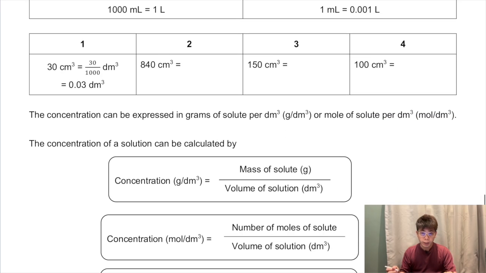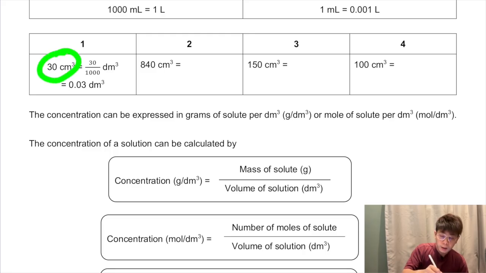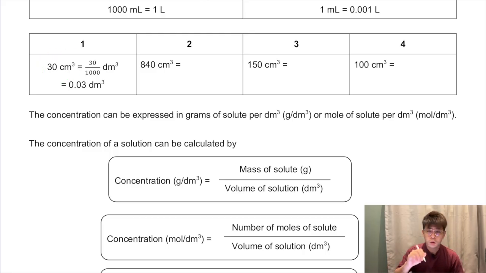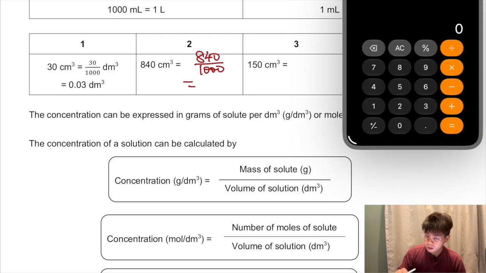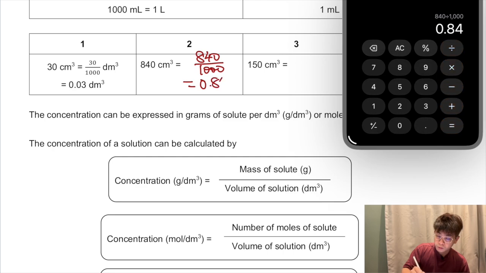So let's practice one more time, even though we've done this before. If I have a volume in cm cube and they ask you to convert to dm cube, they'll never ask you to give your answers in cm cube. They'll usually ask for dm cube. So to convert from cm cube to dm cube, we divide by 1000. Over here we have 840 divided by 1000, and using my calculator, that will be 0.84.